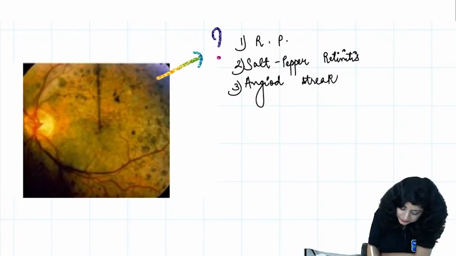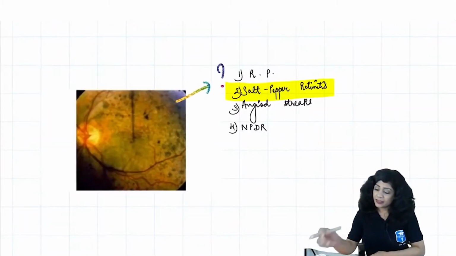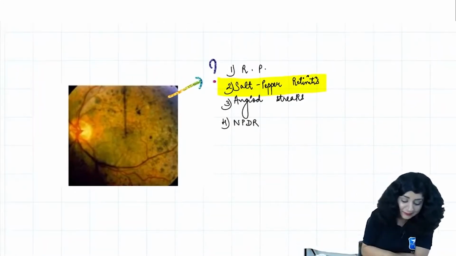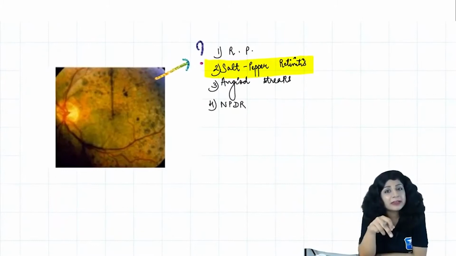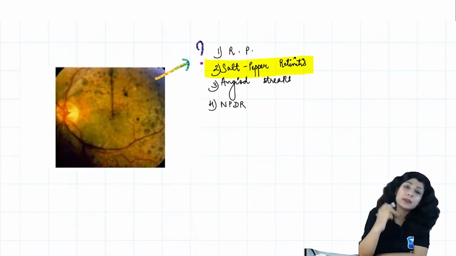And number 4, is it NPDR? So very good, you people have given almost all the causes of salt and pepper retinitis. So how to get that this is salt and pepper retinitis? Because you are getting the alternate patches of black and white flakes here. That is why it is salt and pepper retinitis.